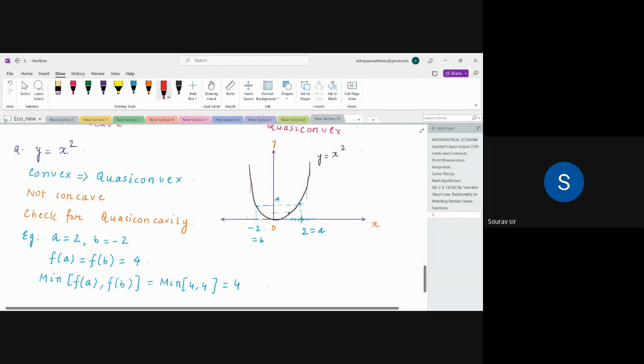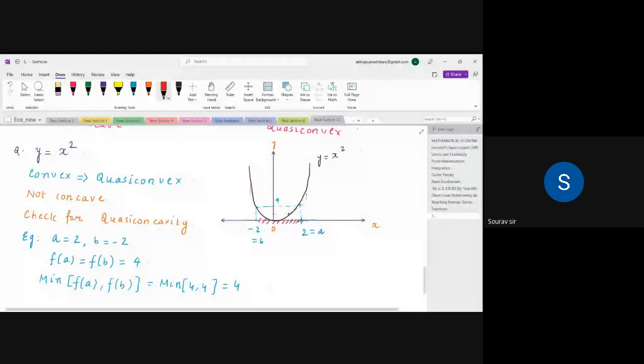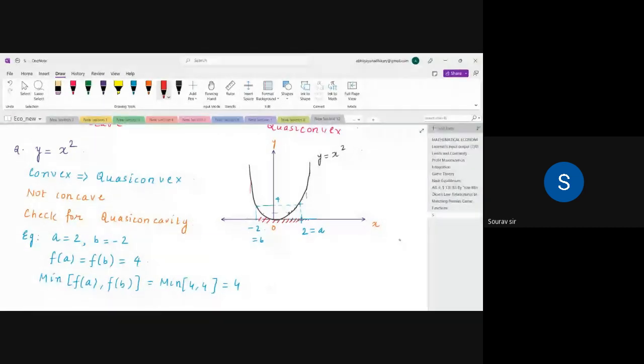If you take any point in between minus 2 and 2, will the functional value always be greater than or equal to 4? No, right? If you take 0, the functional value is lesser than the minimum. Can you see this? If you take any point in between minus 2 and 2, the functional value is not greater than or equal to the minimum. The minimum is 4.